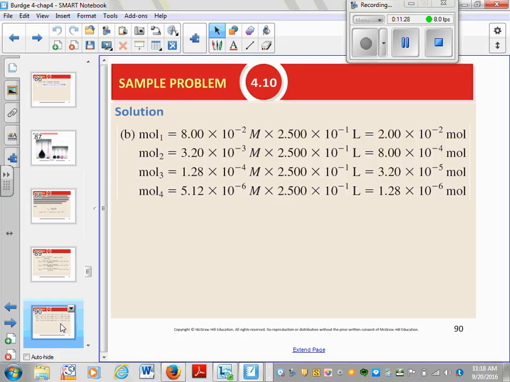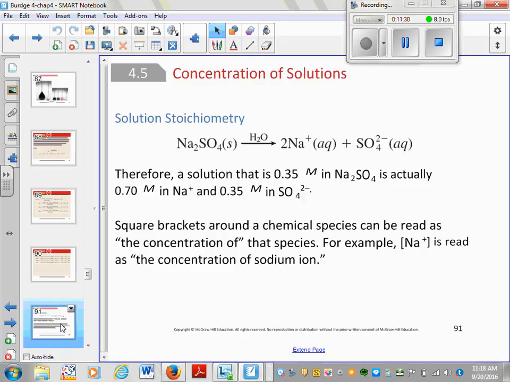So, back to stoichiometry. Solution stoichiometry. Here we have sodium sulfate dissolved in water. We get 2 Na pluses and 1 SO4 2 minus. So if the solution is 0.35 molar in sodium sulfate, it's actually 0.7 molar in Na plus.